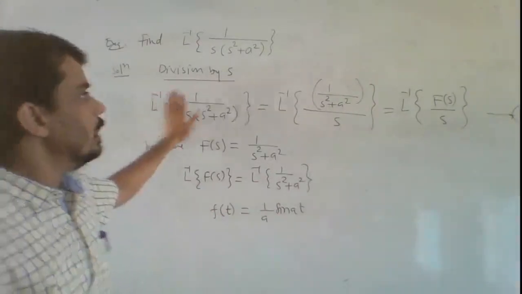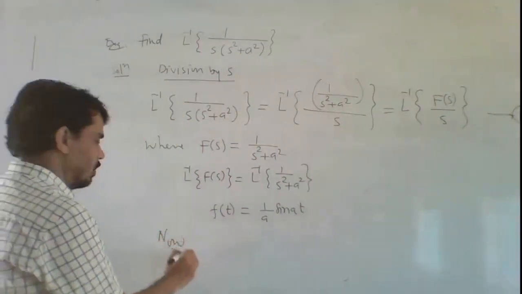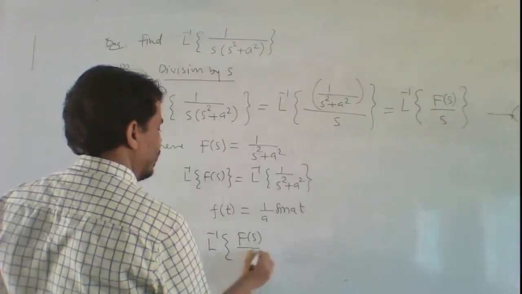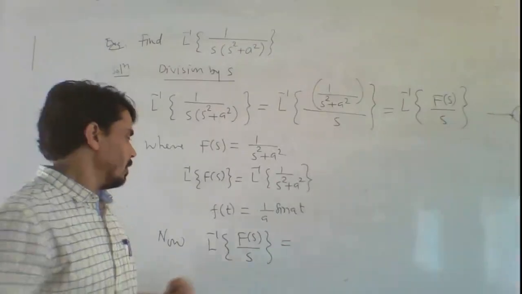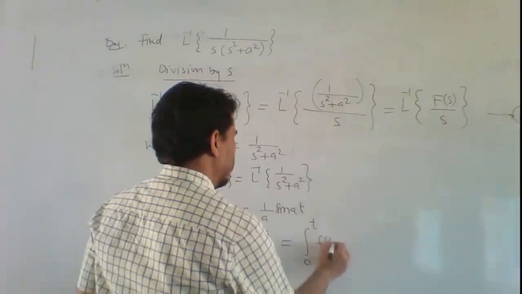Now L inverse of f of s by s, by the division by s property, is equal to the integral from 0 to t of f of u du.